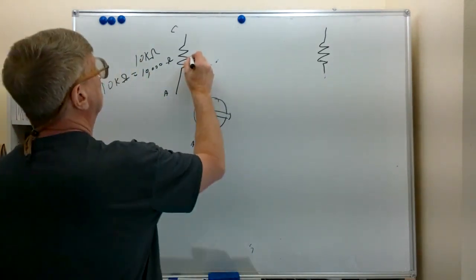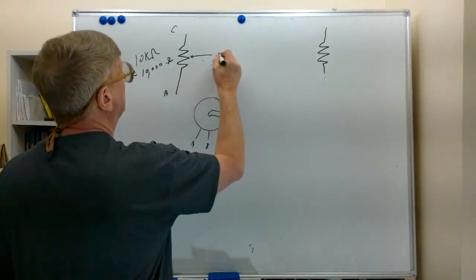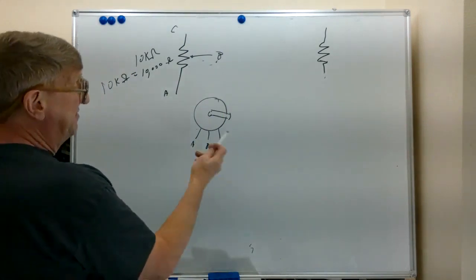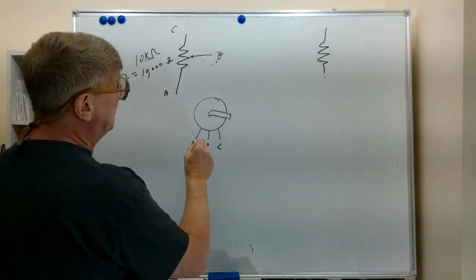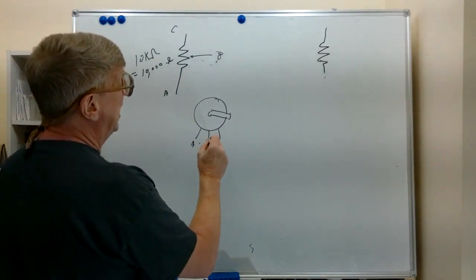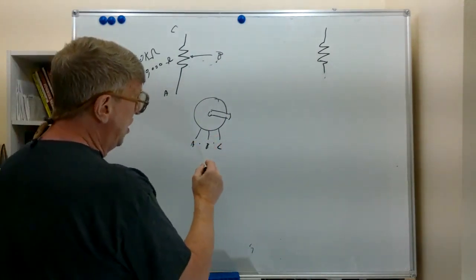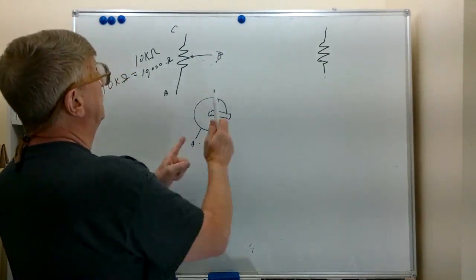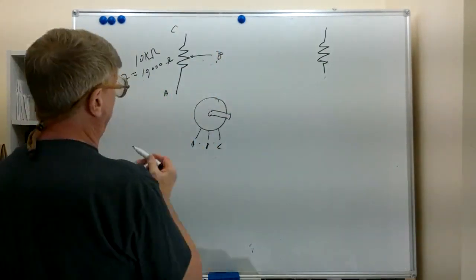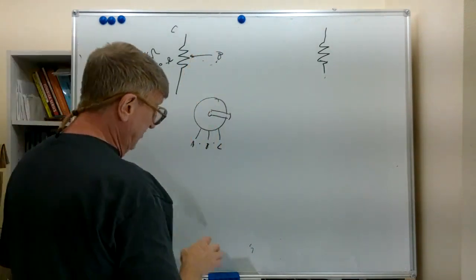At 50%, we have the same amount from A to B, so we end up with about 5,000 ohms here and 5,000 ohms here, and always you have the full value of the variable resistor from A to C, as you can see in the schematic representation.